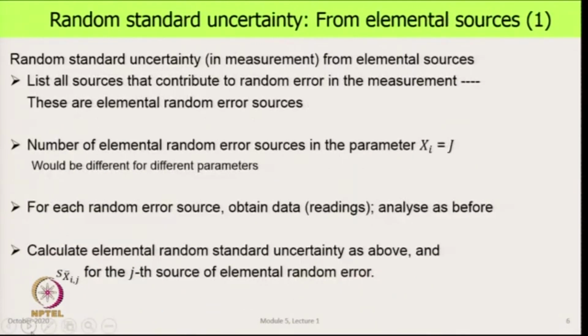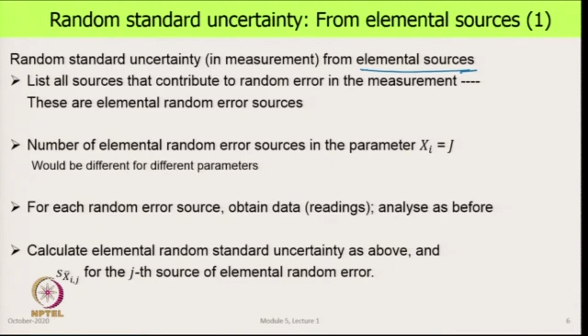Now, we come to the second method, from elemental sources of error. So, these are sources of error which are calculated from data, and so they are based on statistical operations.